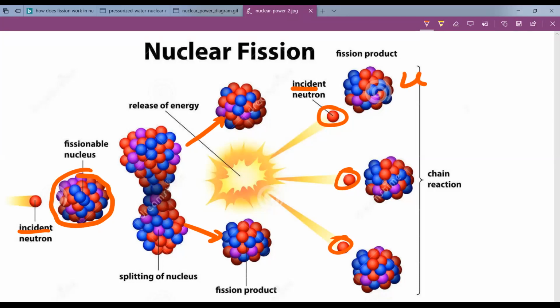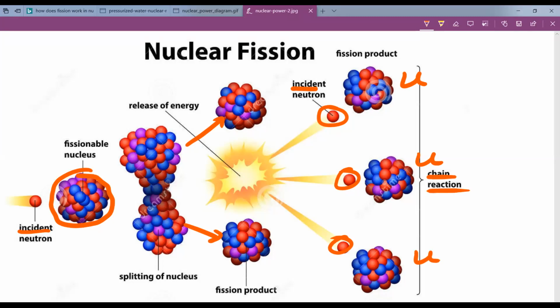Each of those 3 neutrons can hit another uranium, and then each of them can split and give off 3. This can continue to happen as long as there's fissionable uranium around. And that's when you get a chain reaction.